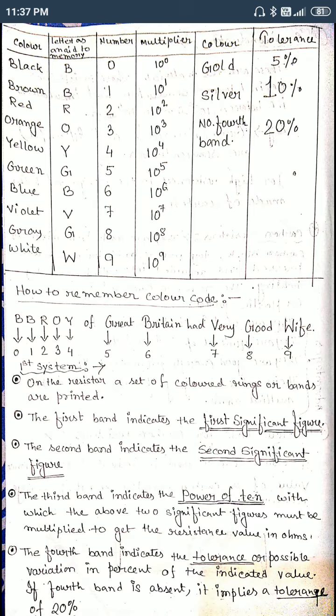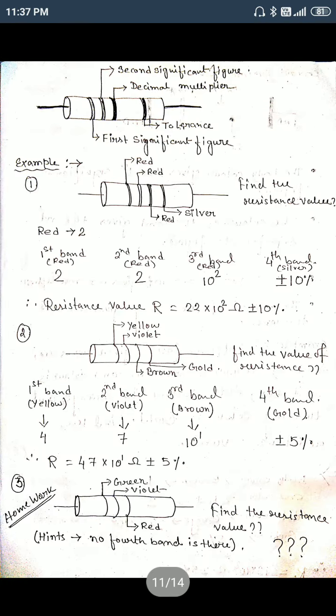That's why we calculate the tolerance or the maximum possible variance in percentage, which the fourth band indicates. If the fourth band is absent, it implies the tolerance or maximum possible variation is plus minus 20%. Understood? So let's see some problems and you will understand.